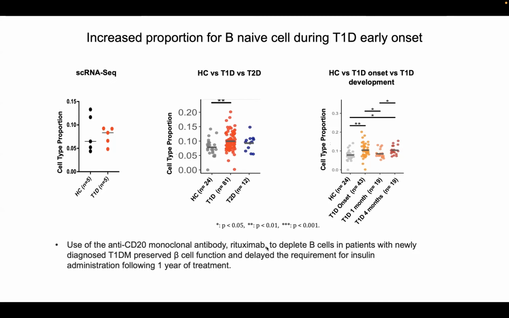And we all know there has been one drug, the anti-CD20 monoclonal antibody rituximab, that functions to deplete B cells in patients with recent onset T1D, preserving beta cell function and delaying the requirement for insulin for 1 year of treatment.